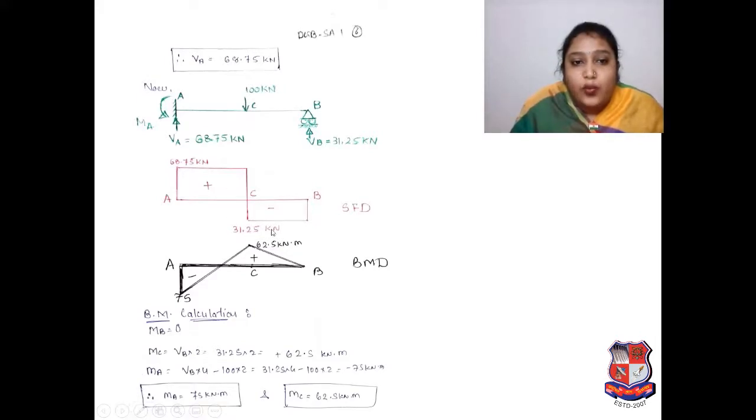Minus 31.25. You can see that the line is over here, and 31.25 means it's negative. Here again a straight line, and you have to join over here at B, and VB was 31.25.